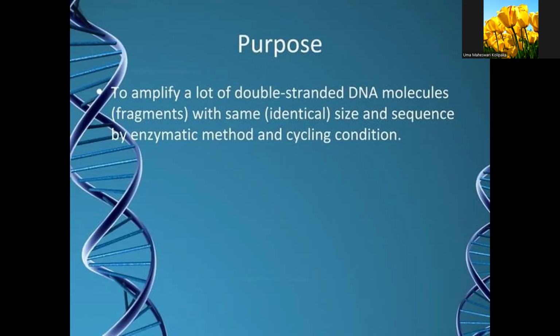If you have a small fragment of a gene, a small fragment of a nucleotide sequence, and you want to multiply that small fragment into n number of copies, you have to use this PCR technique.